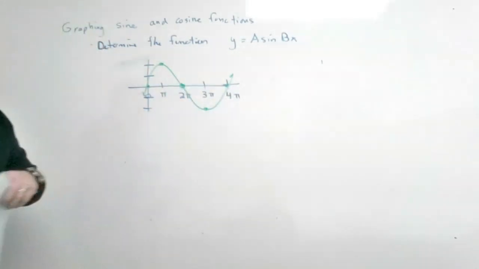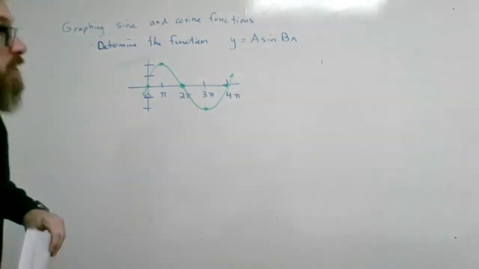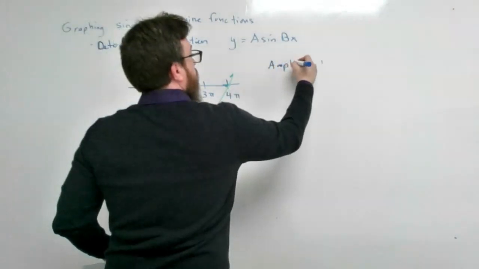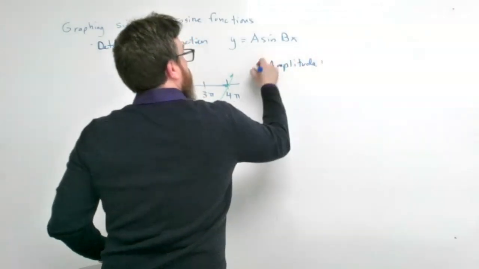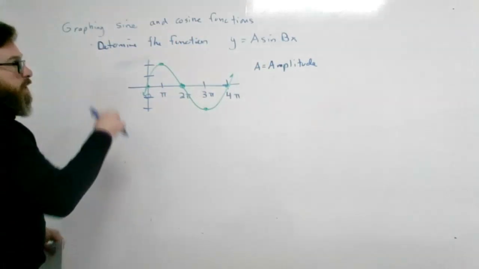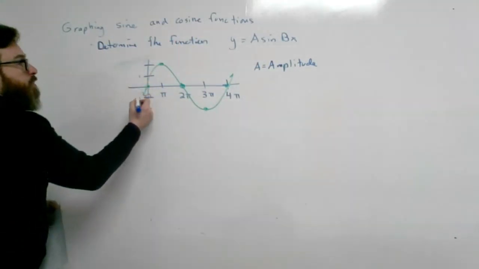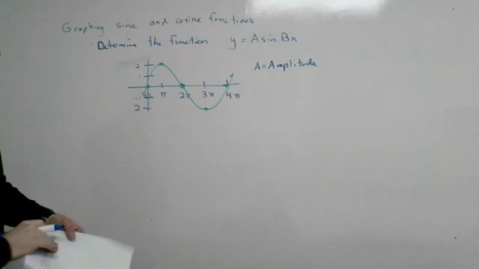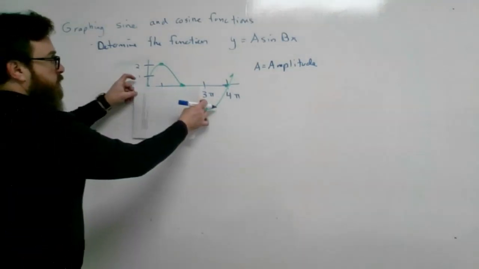So A is considered its amplitude, which is nothing more than a vertical stretch. And we can see that the functions before would go from 1 to negative 1. Now this is going from 2 to negative 2, and the amplitude being half the distance from the center of this curve to the top.